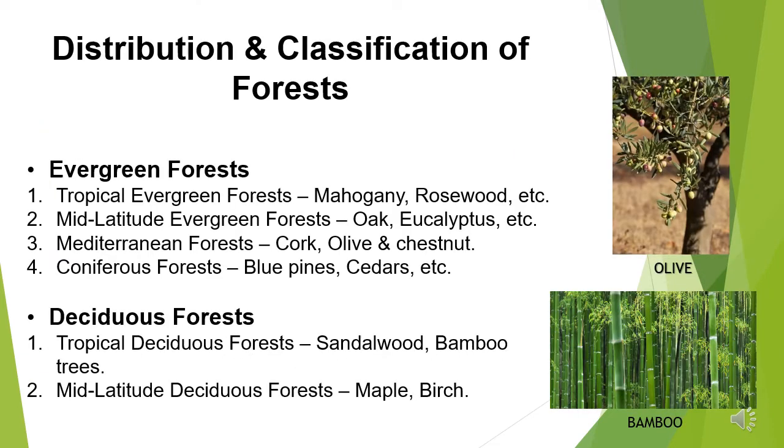Okay, children. Distribution and classification of forest. Basically, two types of forest are there: evergreen and deciduous forest. The basic feature of the evergreen forest is that they don't shed their leaves all together. They always look green. They never shed their leaves all at once, and they always look green. Under evergreen forest, we have tropical evergreen forest, mid-latitude evergreen forest, Mediterranean forest, and coniferous forest.